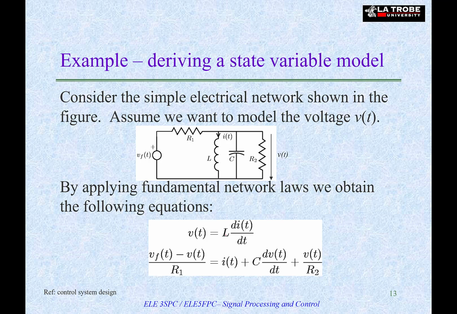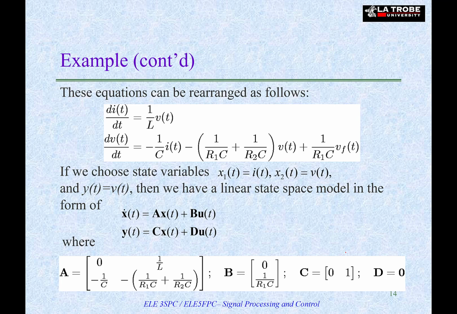v(t) is equal to L multiplied by di_L/dt. And the second equation is just the node equation using KCL. So how do we relate this to a state space representation? The relationship is given by defining state variables.